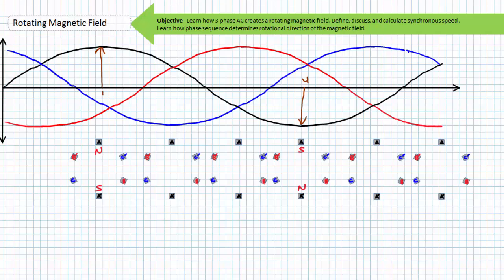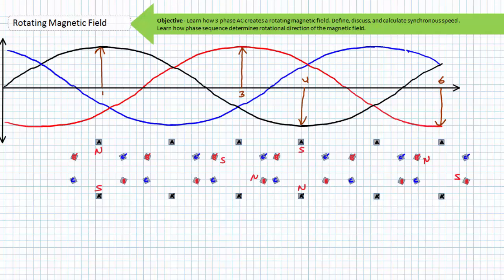At the negative maximum of L1 at time T4, A will be a south pole and A prime will be a north pole. If winding B receives the red L2 phase, at the positive maximum of L2 at time T3, B will be a north pole and B prime will be a south pole. At the negative maximum of L2 at time T6, B will be a south pole and B prime will be a north pole.